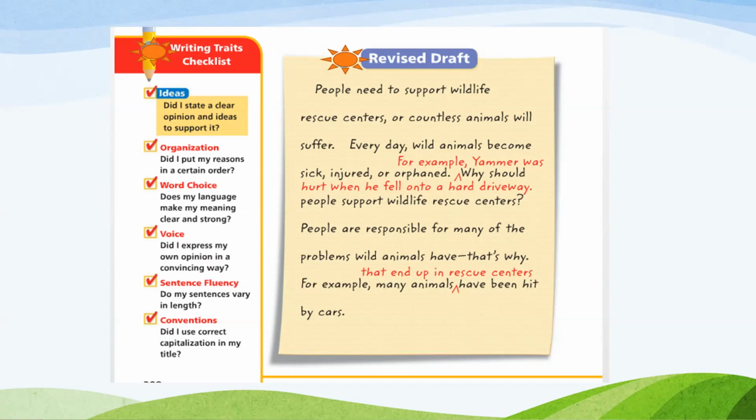Okay, as you can see, we have some red words that are corrections, or that are extra information that we can add to enrich our information, our supporting points, okay?